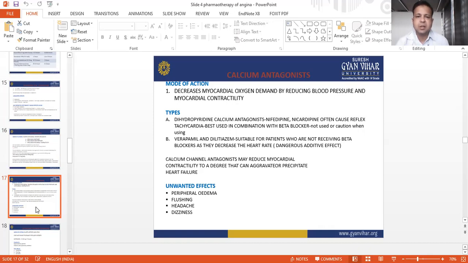Calcium channel antagonists may reduce myocardial contractility to a degree that can aggravate or precipitate heart failure. Unwanted effects: peripheral edema, flushing, headache, and dizziness.